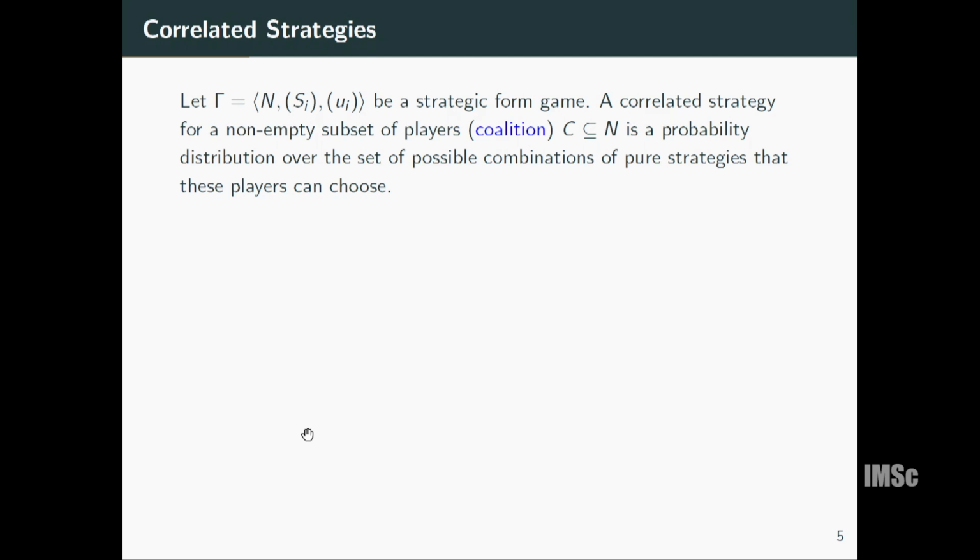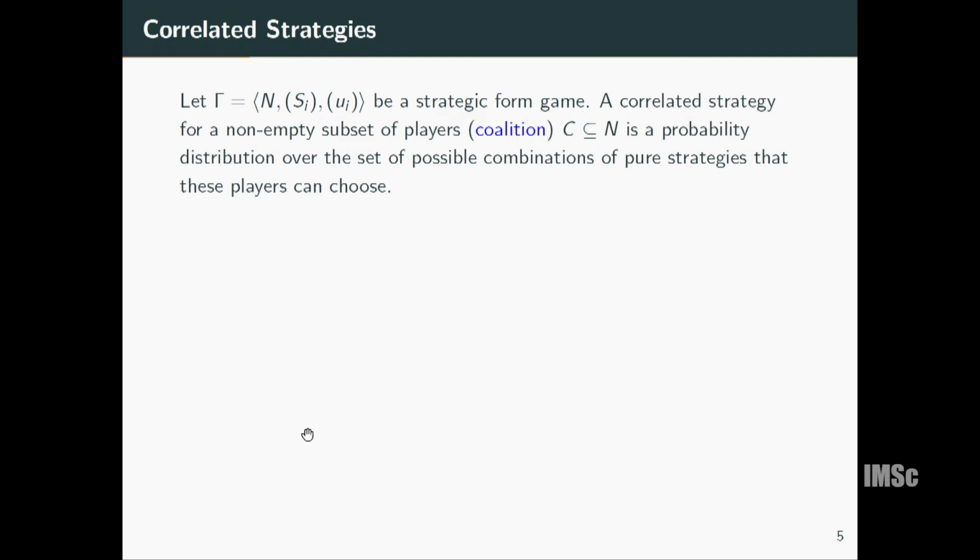When you think about the word coalition, think of players coming together to develop some strategies. A coalition is a subset of the agents who decided to cooperate with each other. So I say C is a coalition, a subset of the total number of players, when they decide to cooperate with each other.